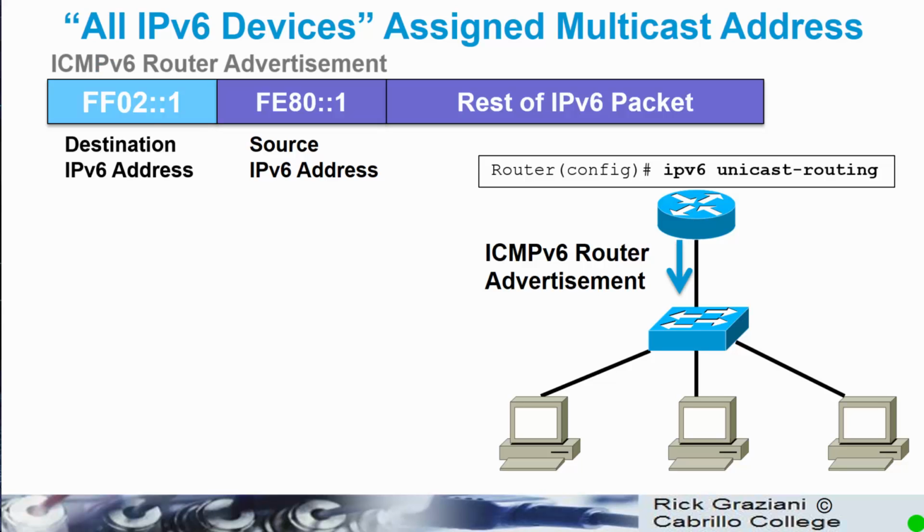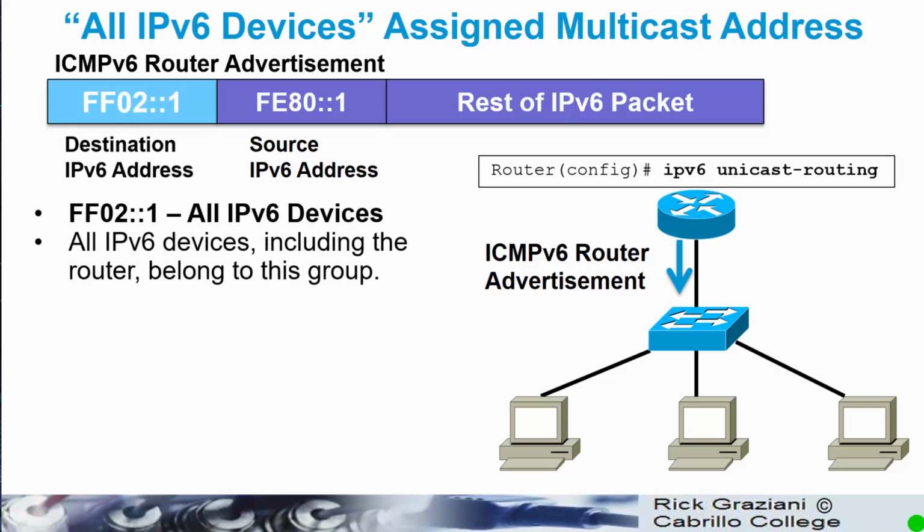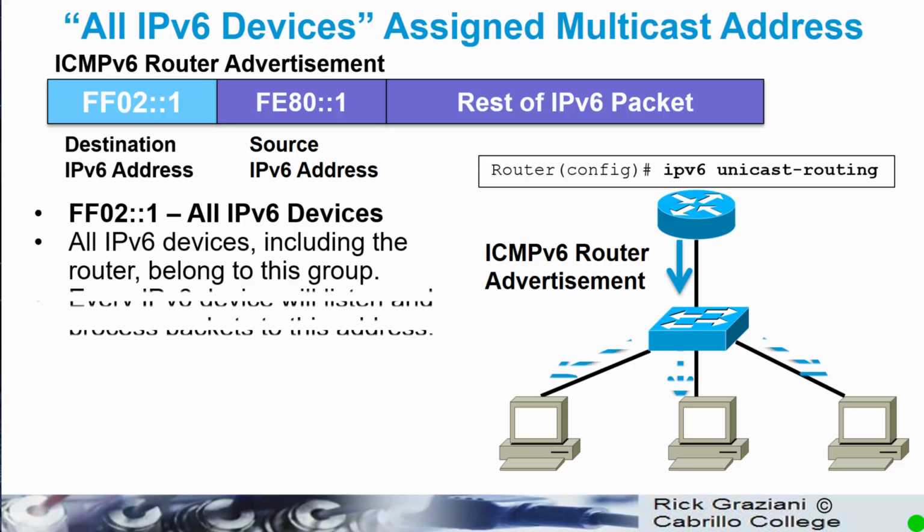That enables IPv6. All of our devices within our multicast address will be FF02::1. That is all devices. That includes hosts and routers and all of the appropriate groups. Every IPv6 device will listen and process packets specifically for this address, just like IPv4 would.